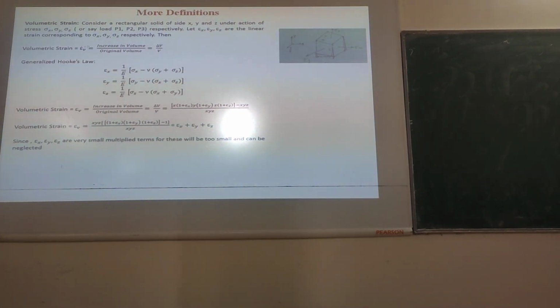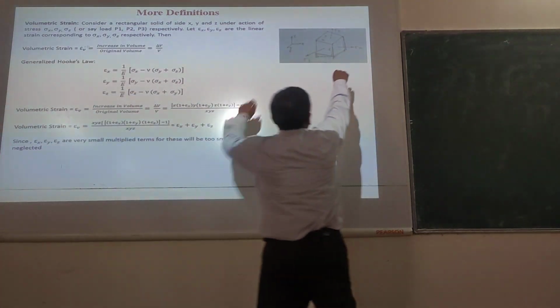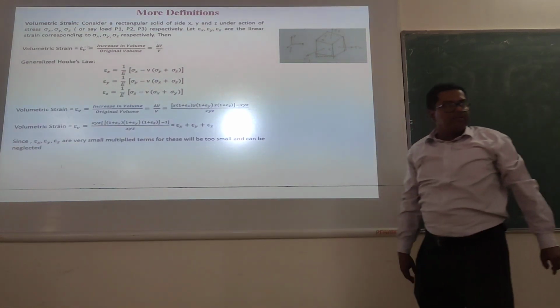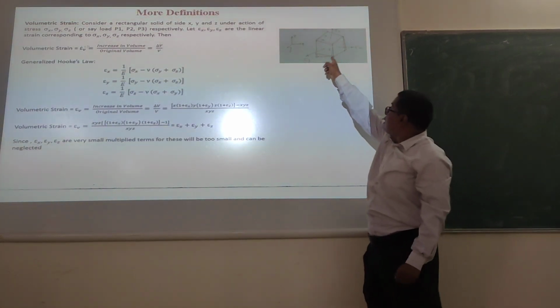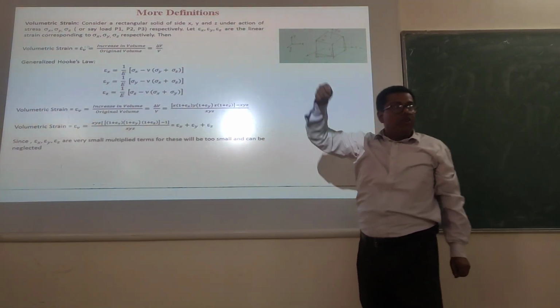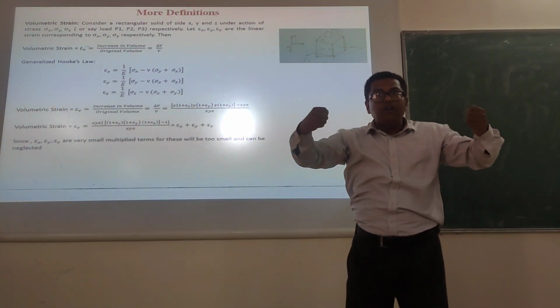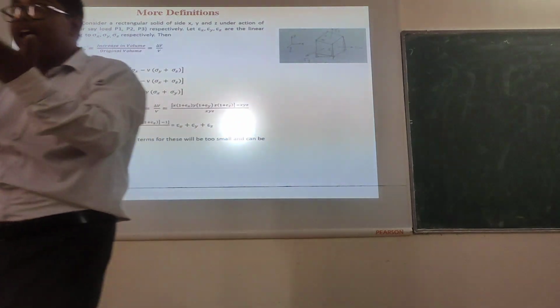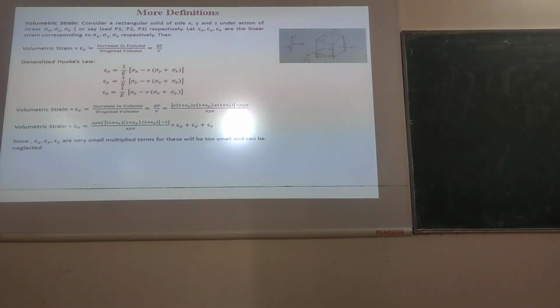What will happen? If I am pulling it with sigma X, there will be elongation in this direction. But there is a force acting in the Y direction also. Because of the Y direction pull, there will be a shortening. How much shortening? It will be explained in terms of nu, Poisson's ratio.